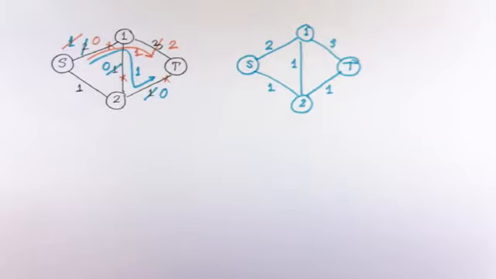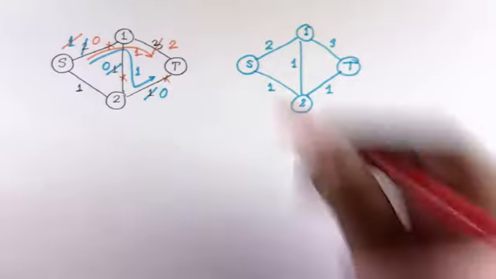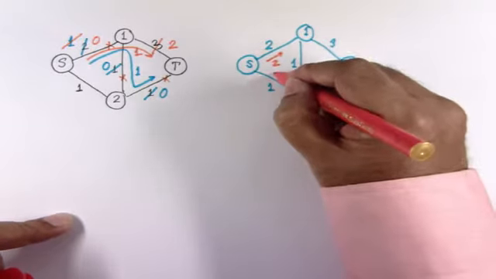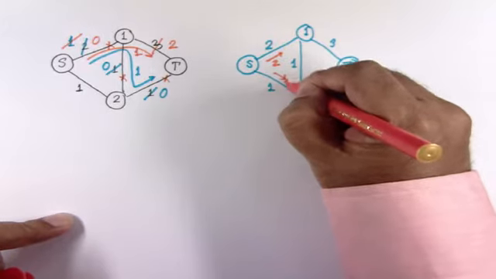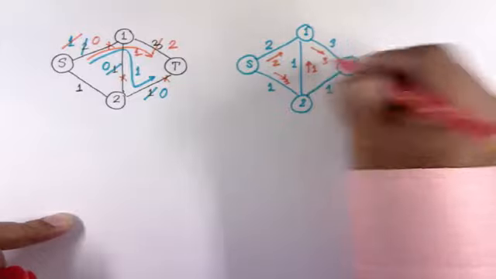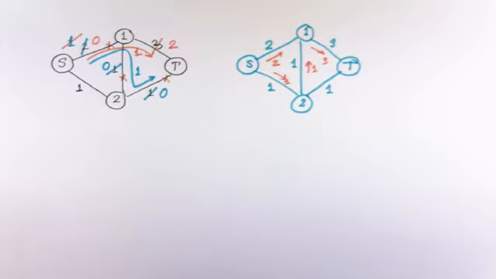But as you can see from here, a flow of 3 is very much possible, because I can have 2 flowing like this, 1 flowing like this, 1 flowing this way, and then 3 flowing this way. So, a flow of 3 is possible, right? So, then does the Ford-Fulkerson algorithm fail?